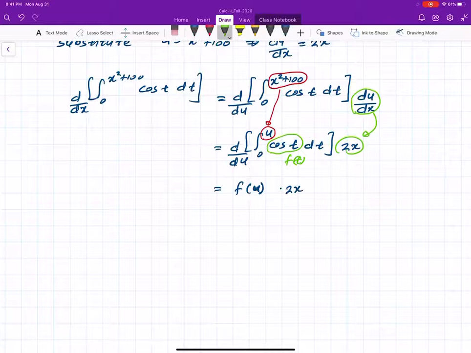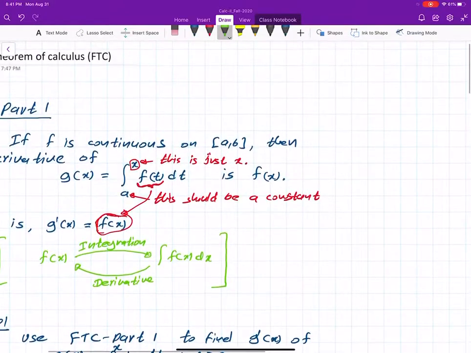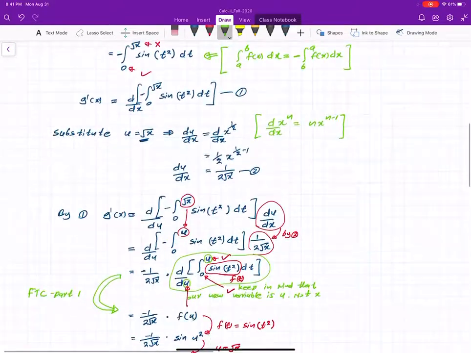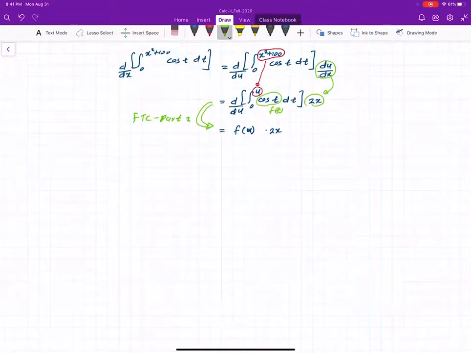Okay, let me write that. This is the place where you use the fundamental theorem of calculus, part 1. Let me check something. This should be part 1.